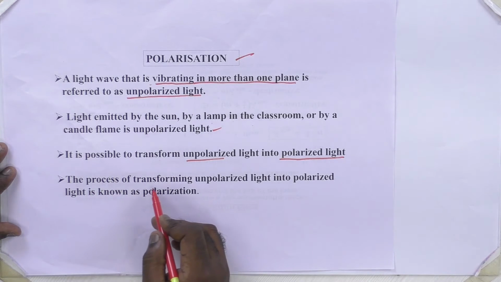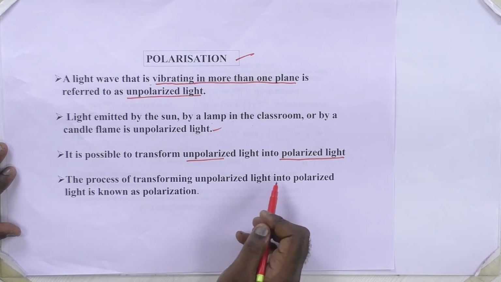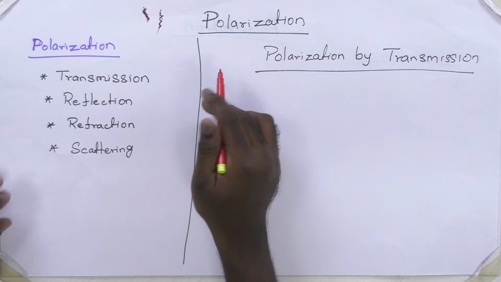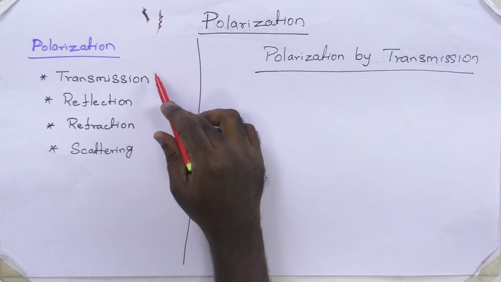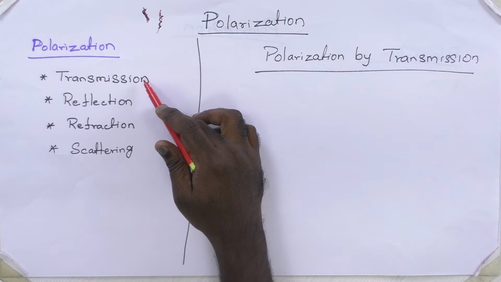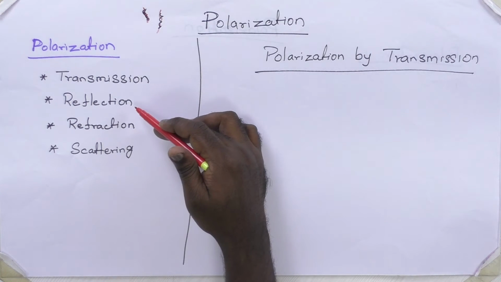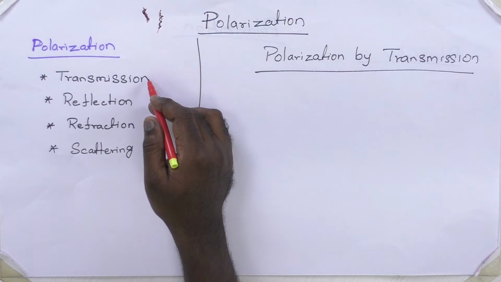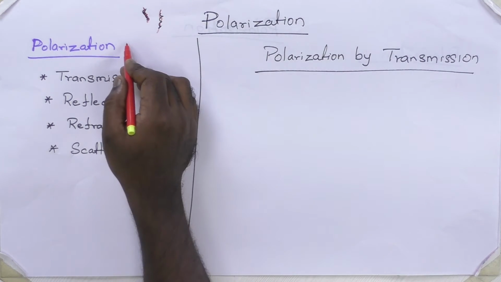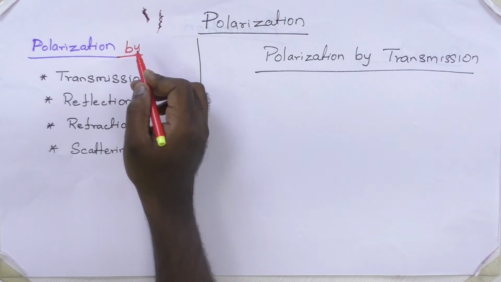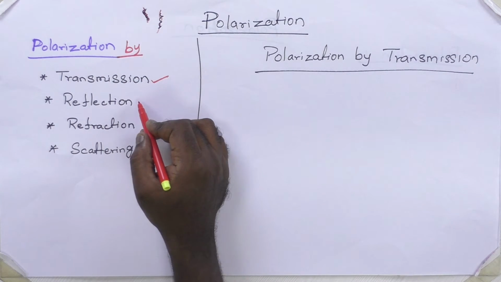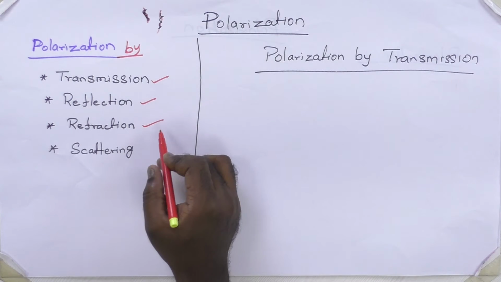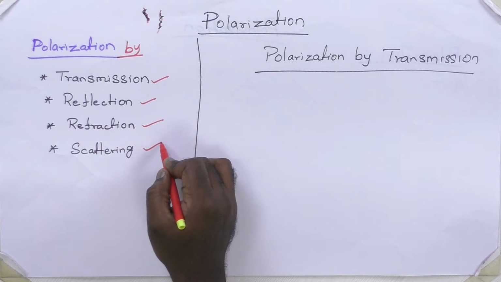This process of converting unpolarized into polarized light is known as polarization. There are many types of processes: polarization by transmission, polarization by reflection, polarization by refraction and polarization by scattering.